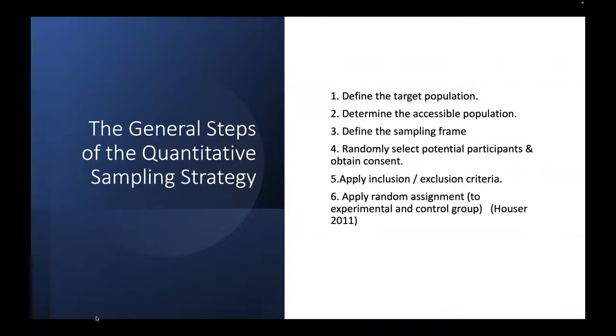But people talk about this sampling frame idea as something you can do right at the beginning. You can do it when you know a little bit about your accessible population, so you get a list of them and so forth, but it's there.